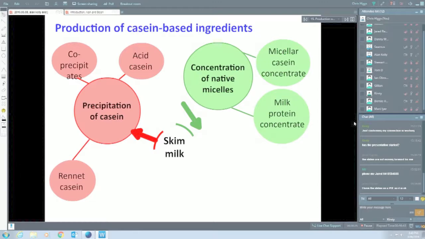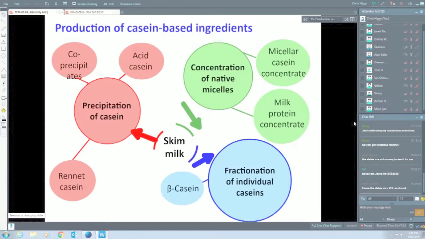And these obviously are enriched in casein, and some of the minerals have been depleted. But what doesn't change is the ratio of the individual caseins. We're basically enriching all of the original caseins in the proportions that they would have occurred naturally in skim milk.